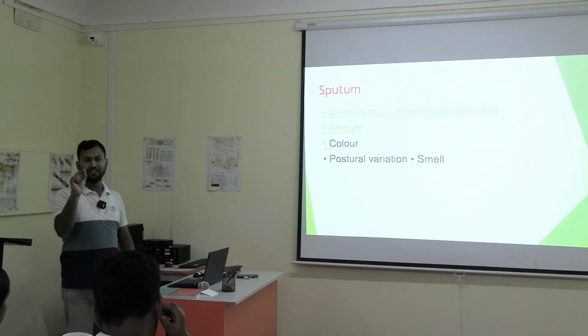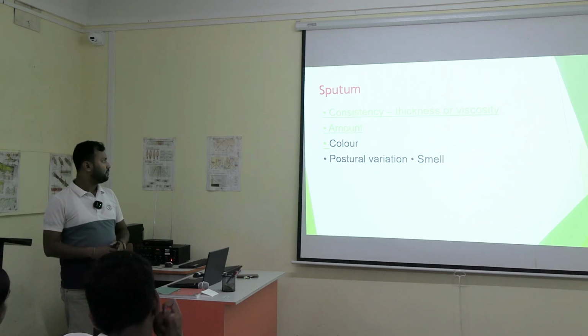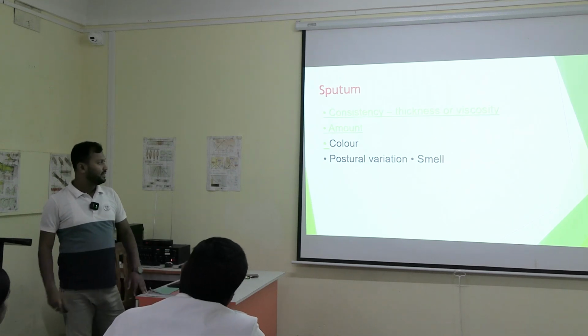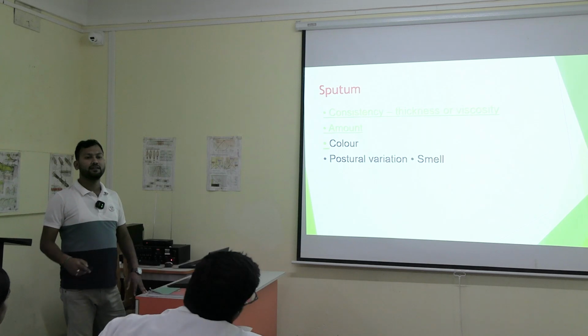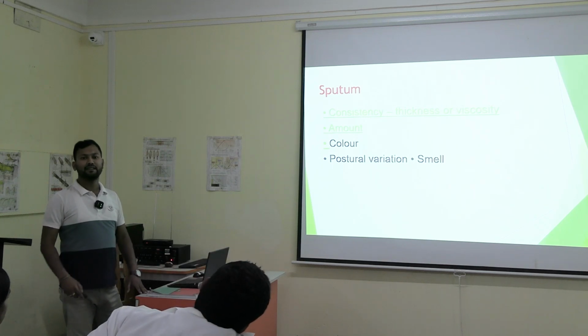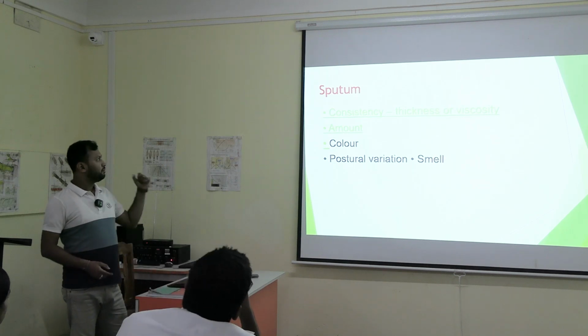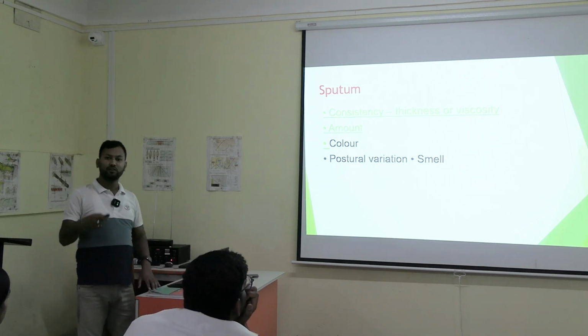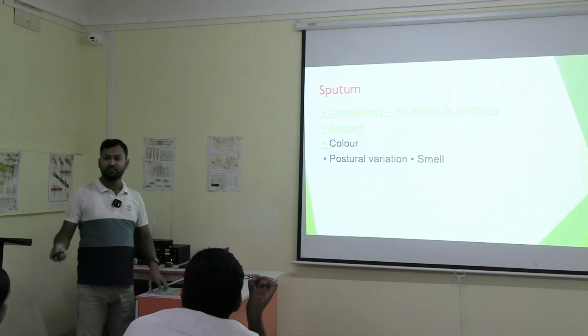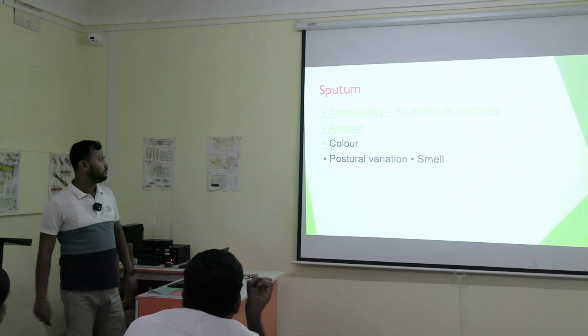Sometimes we may produce only this much, sometimes this much. So there is a difference in the amount. Then color of the sputum, sometimes it may be crystal clear, whitish, yellowish, reddish, whatever. By seeing the sputum we can also know if the patient is having hemoptysis or not. So the sputum color is important.